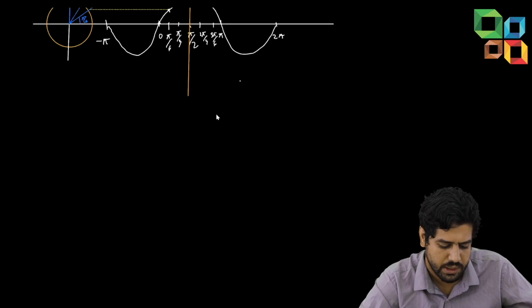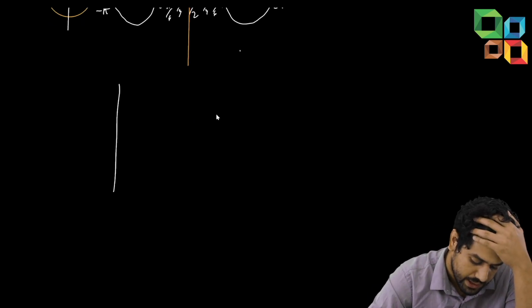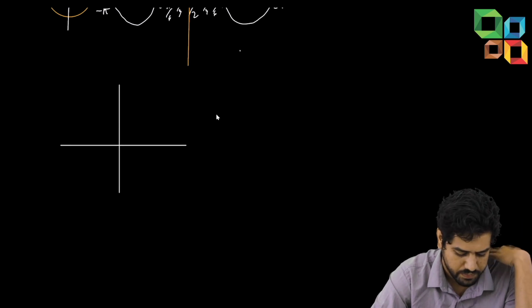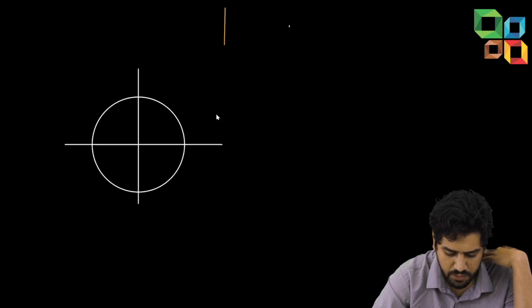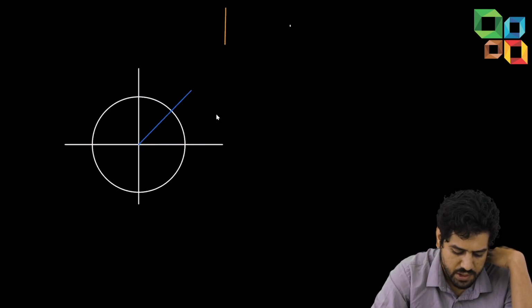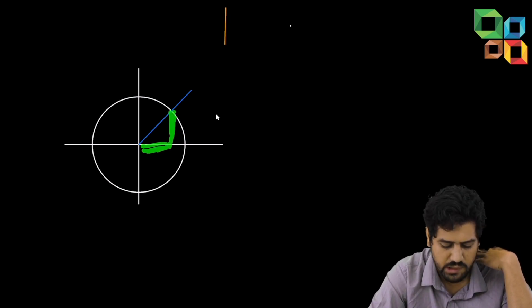Okay. So tan in the second quadrant, will tan be positive or negative? What do you think? If you take tan in the first quadrant, it is just y coordinate by x coordinate, right? Y coordinate is positive, x coordinate is positive. Therefore, tan has to be positive.